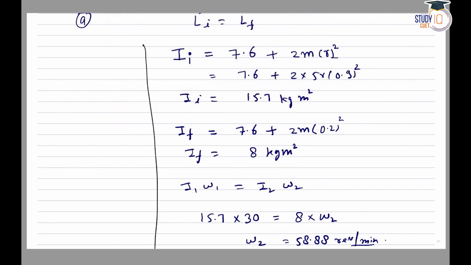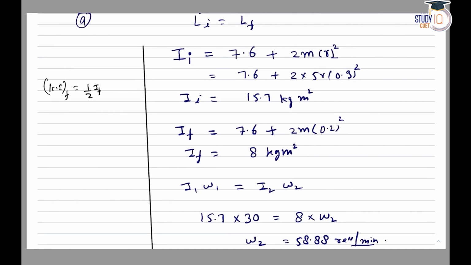So the final kinetic energy would be increased, as the final kinetic energy can be written as half I final omega final square, which is half I omega final times omega final. The expression I omega remains the same, as I initial omega initial is equal to I final omega final, along with the factor of half. So the final kinetic energy is omega final over omega initial times the initial kinetic energy.